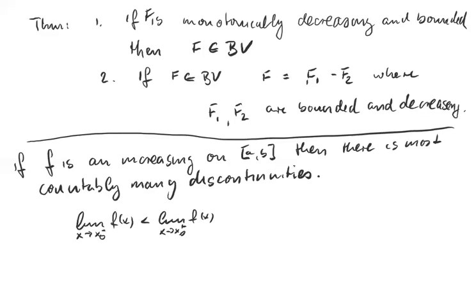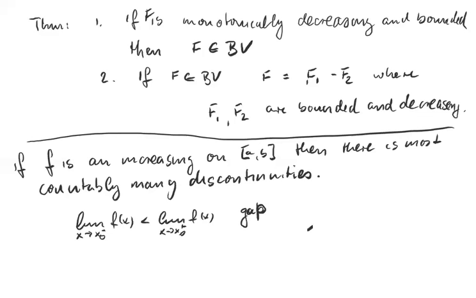And that means there is a gap there. And every gap has to contain at least one rational number. And that means you can label the gaps by the rational numbers, and so the rational numbers are countable, and therefore you have only countably many gaps. This is a very simple proof, so easy to grasp and memorize.